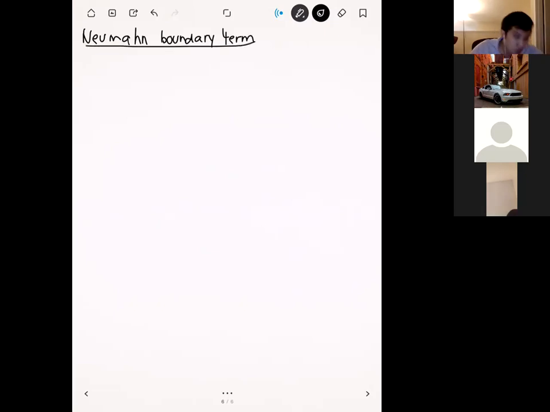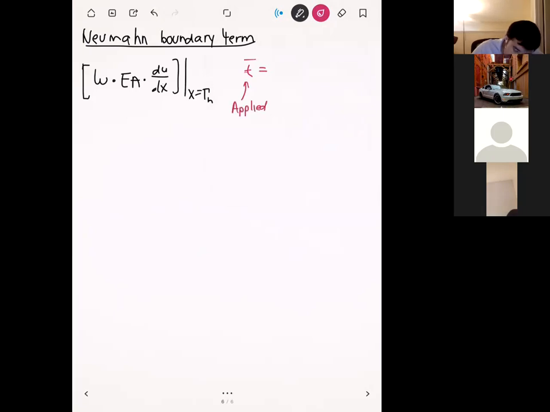Our Neumann boundary term looked like the following: W times E times A times du dx, and we're evaluating this at the Neumann boundary. Let me make one substitution in here. Usually our Neumann boundary is given in terms of an applied stress, like an applied load or an applied pressure.